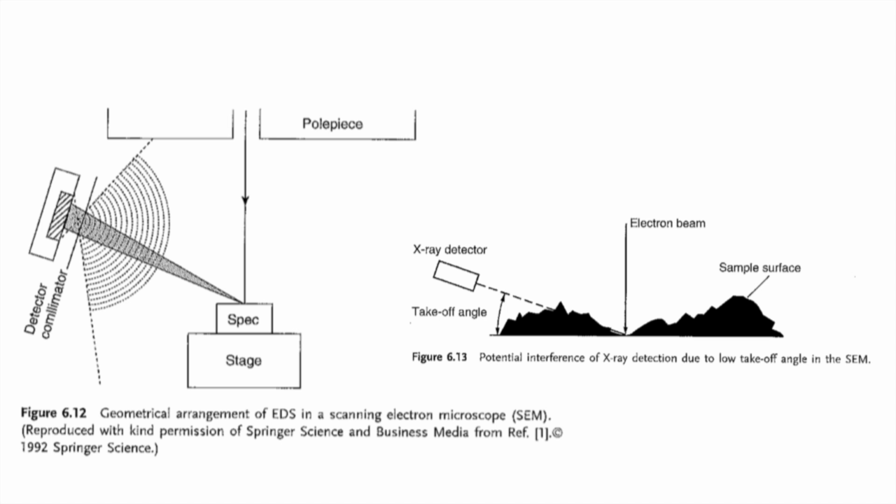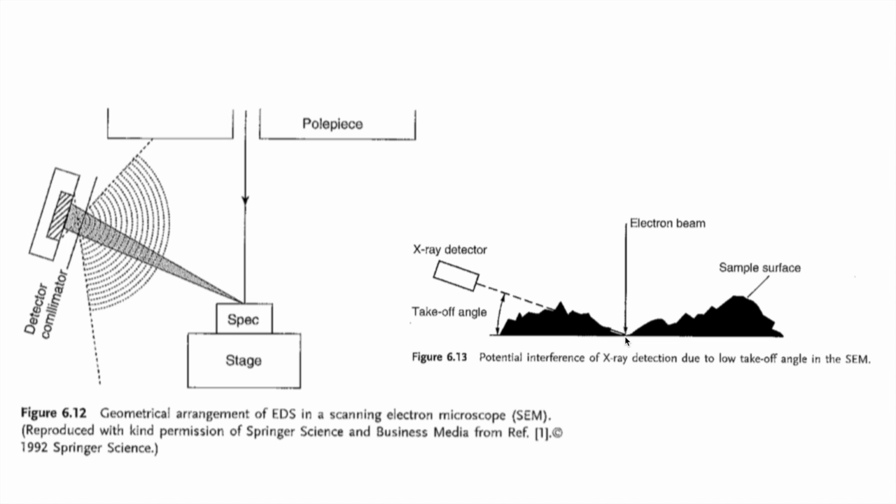All right, so one of the reasons we choose to do EDS inside of an SEM and not just on a standalone instrument is that when we couple these two instruments together, it allows the potential to analyze a very small area of the sample. Instead of looking at the whole sample, we can now analyze just a small portion.